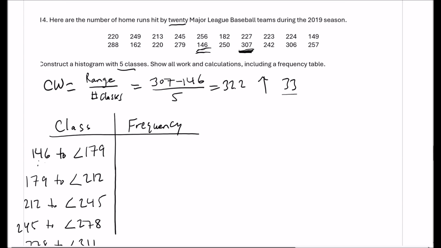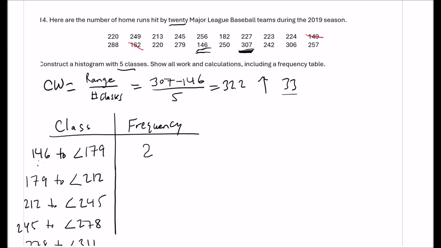How many numbers from 146 to 178? So this is 1. I'm going to cross that out, in red. So it's 1, 2, and it looks like that's it. So it's two numbers from 146 to 178.